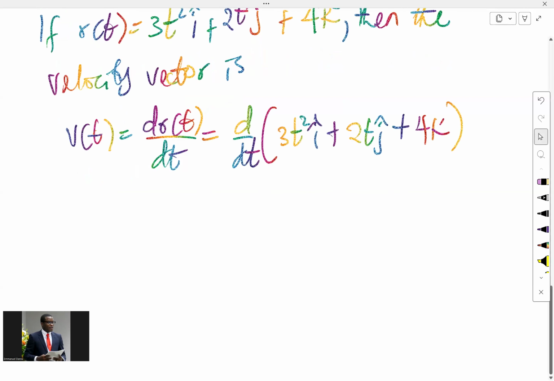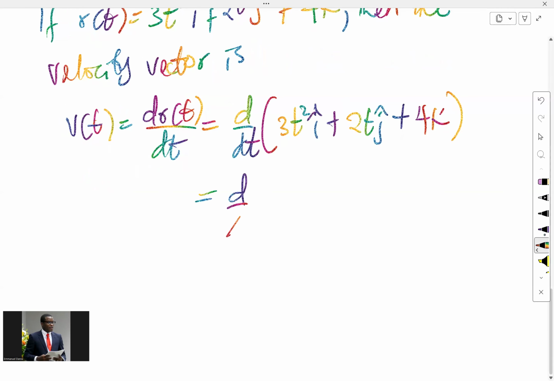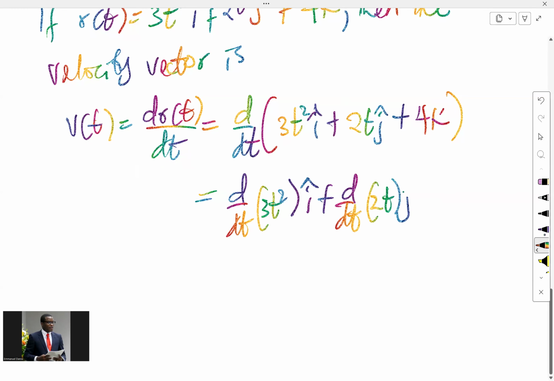And that is simply differentiating term by term. So you have d by dt of 3t squared in the direction of i, then d by dt of 2t in the direction of j, plus d by dt of 4 in the direction of k, right?